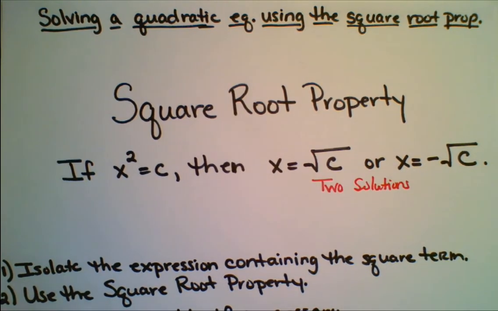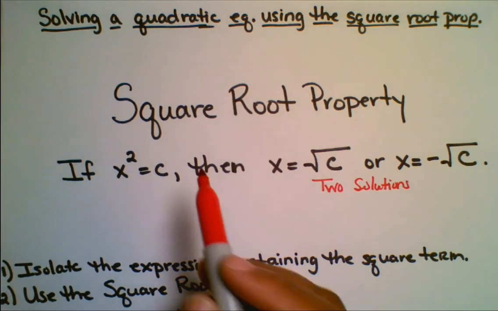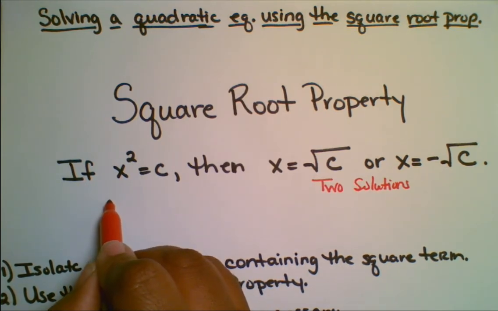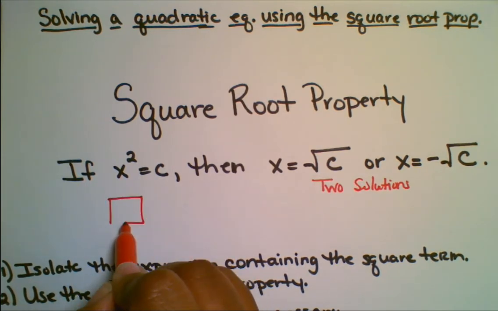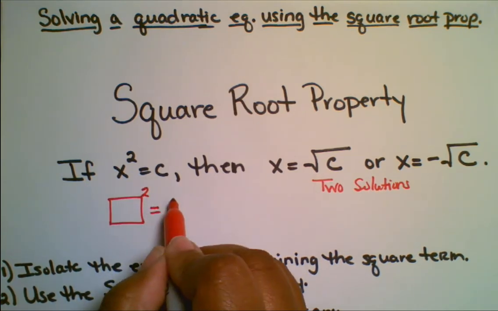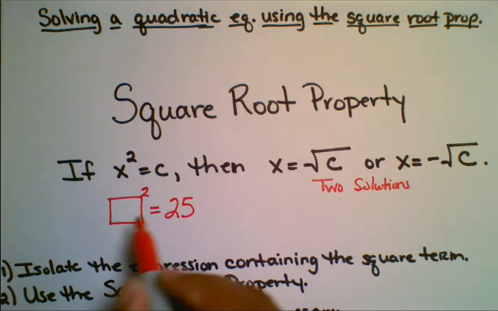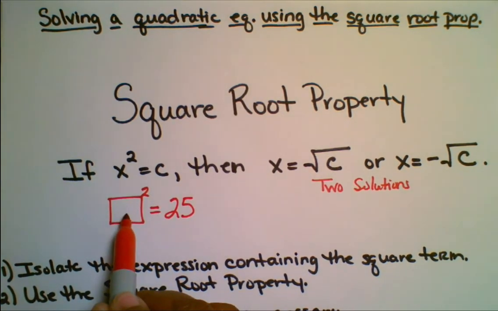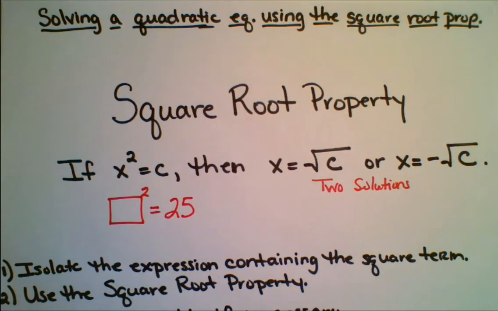So I want you to think about this before we move on. Here's a statement. I want you to fill in the blank. What could we put in this box that when we square it, it would give us 25?